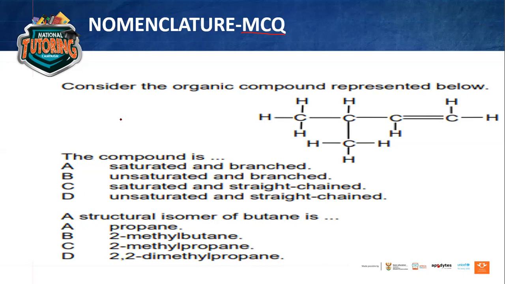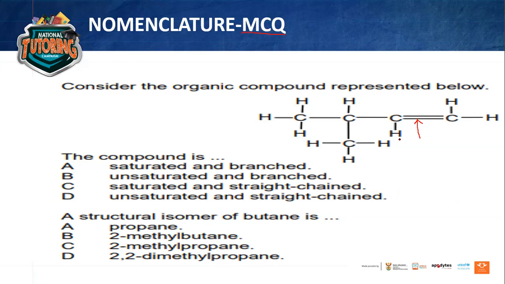Right, you are given a question here. They say, consider the organic compound represented below. So here is a molecule. There is something special that I already see there. I see that there is a double bond between the two carbon atoms.